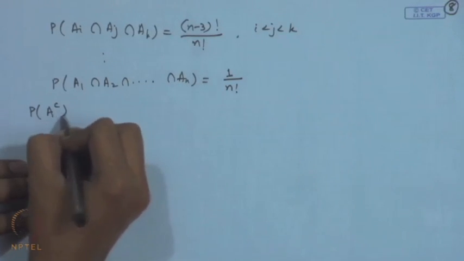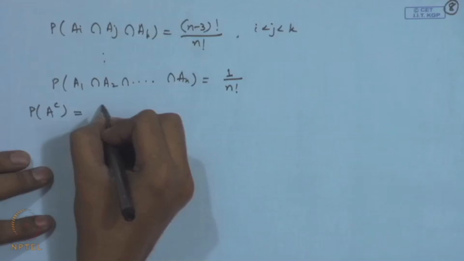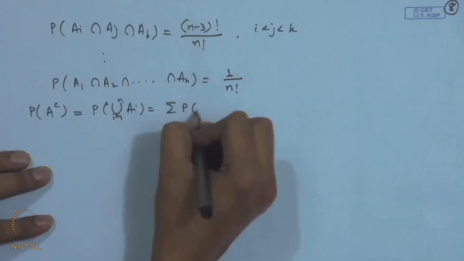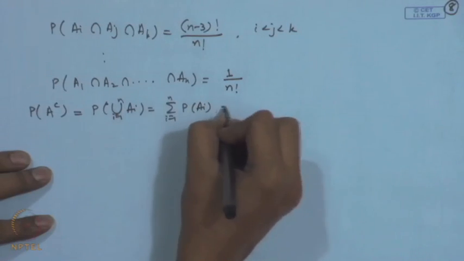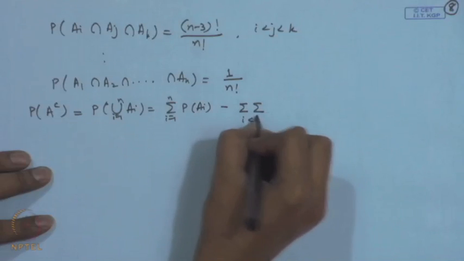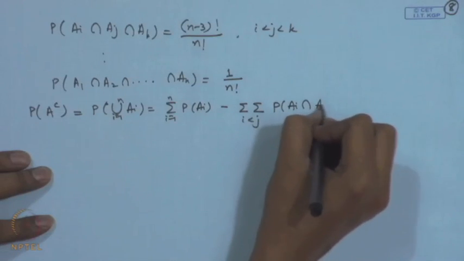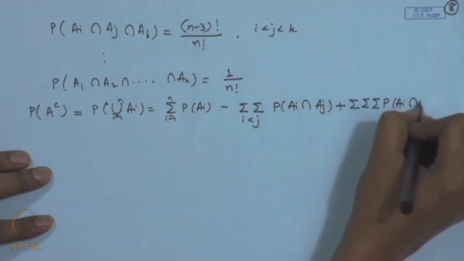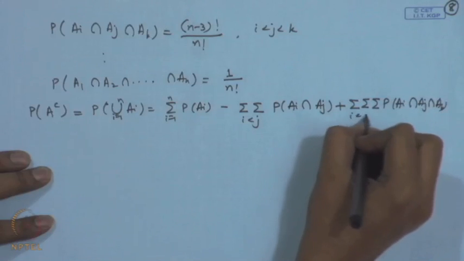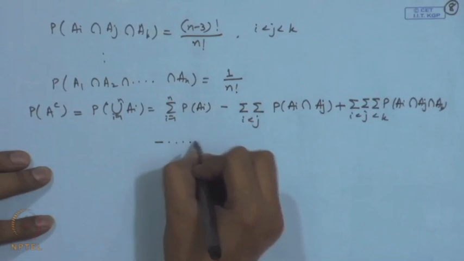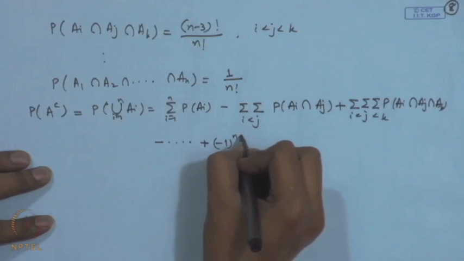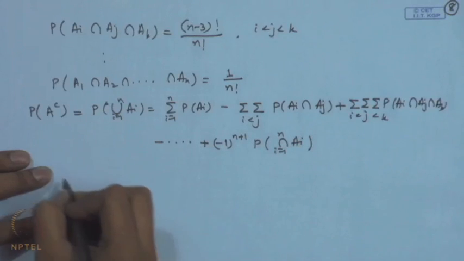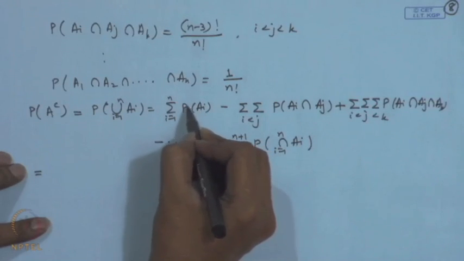So, if we apply the formula for probability of A complement, that is probability of union Ai, then that is equal to sigma probability of Ai, i equal to 1 to n, minus double summation i less than j probability of Ai intersection Aj, plus probability of Ai intersection Aj intersection Ak, and so on, plus minus 1 to the power n plus 1 probability of intersection Ai, i equal to 1 to n. So, now what is probability of Ai?